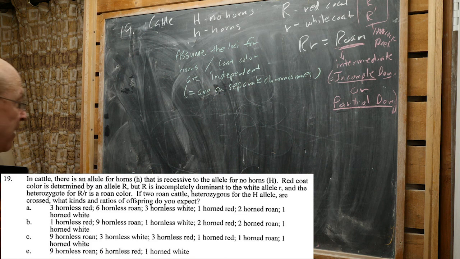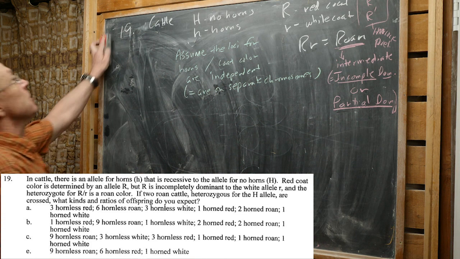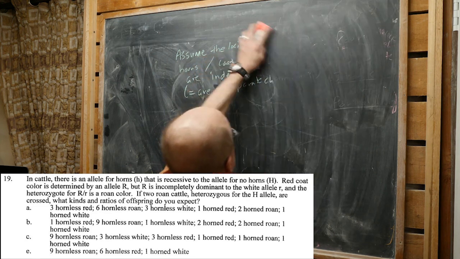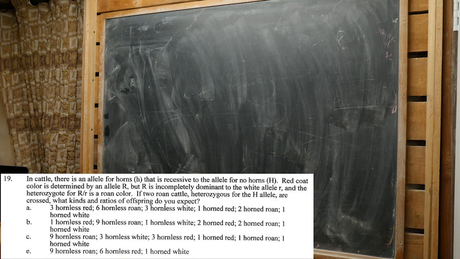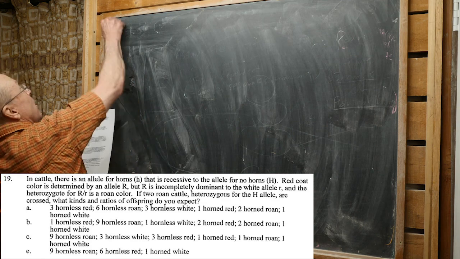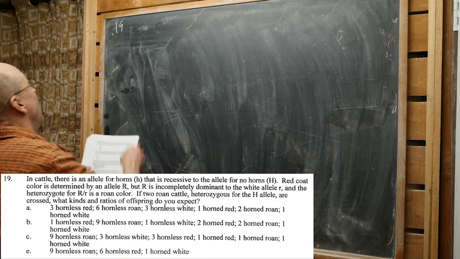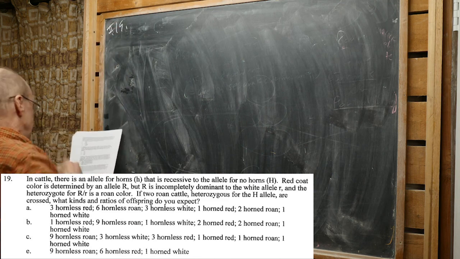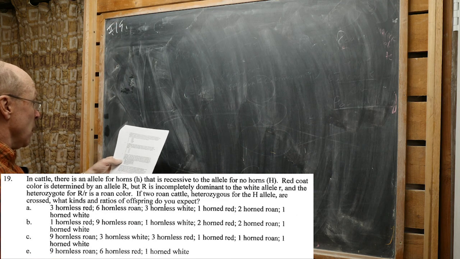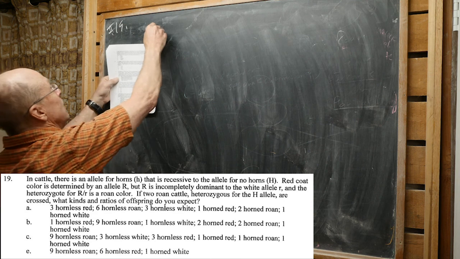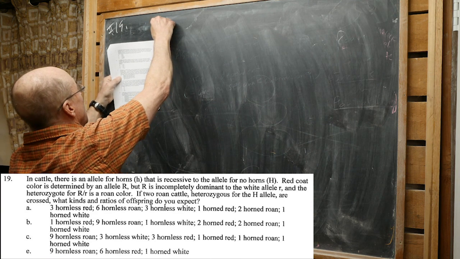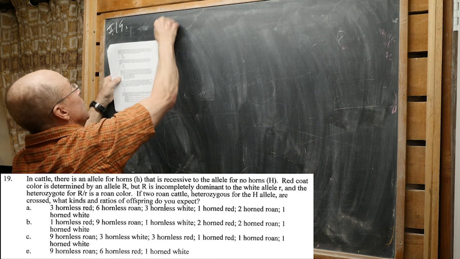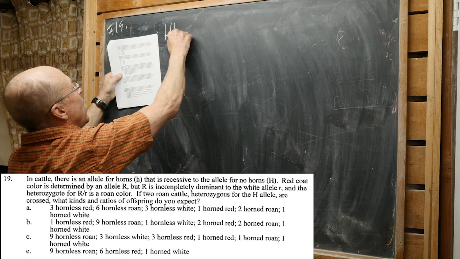Let's now get the punchline here for setting up the cross. So, still working on number 19, by the way. And here's the punchline then: if two roan cattle, here's our cross. So two roan cattle, heterozygous for the H allele. So we already know that they're heterozygotes.